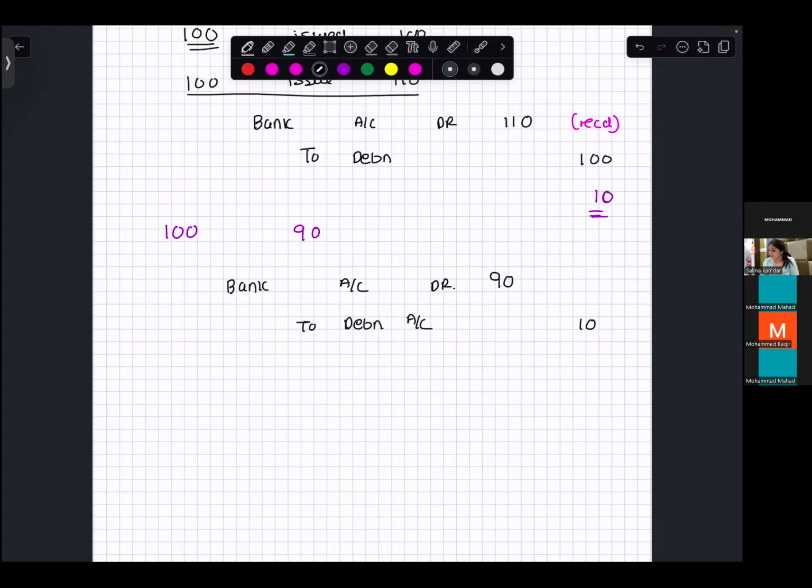So tell me, where will the 10 go? Debit or credit? Debit. The total of debit must always be equal to the total of credit.